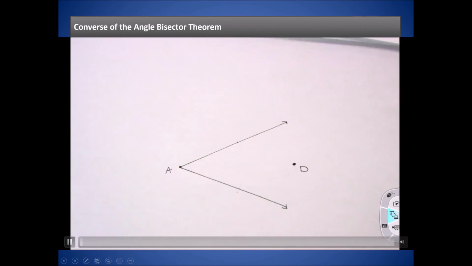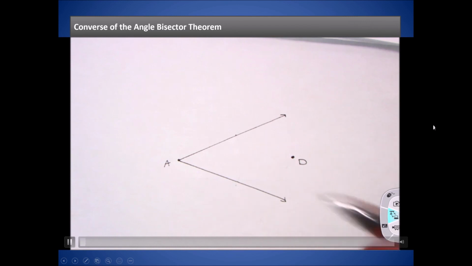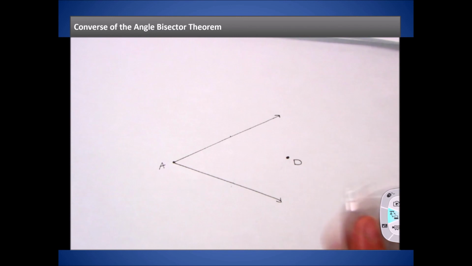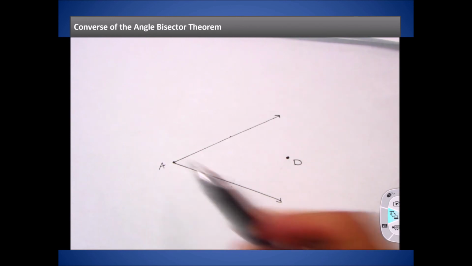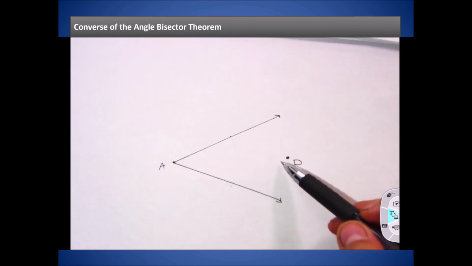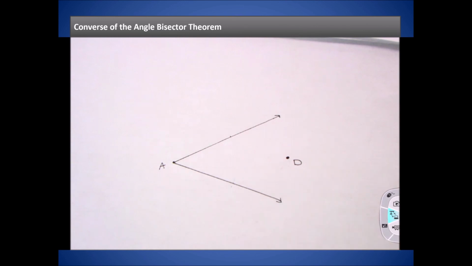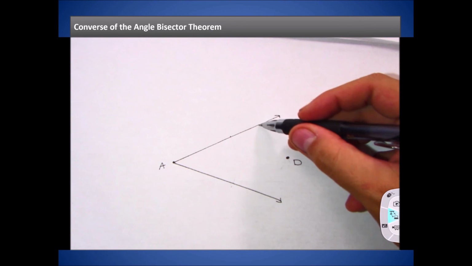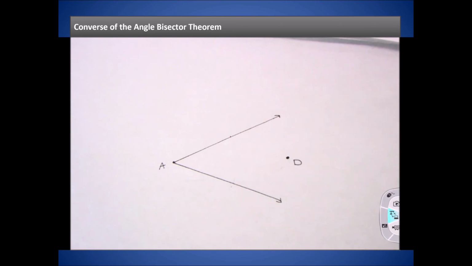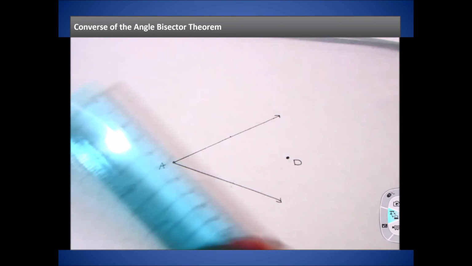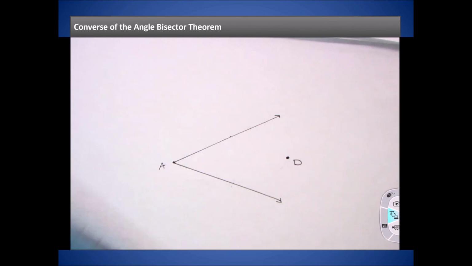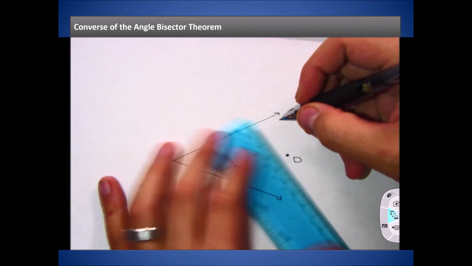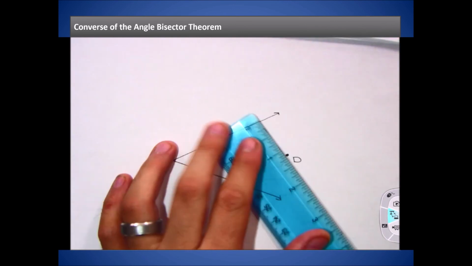All right, so now we're going to investigate the opposite occurrence from what we did earlier. This time, we have a point D in the interior of this angle, and we know that this distance is going to be the same from here to here. Let's go ahead and measure out that distance. Let's suppose we have two right angles, and let's keep those distances the same, shall we?